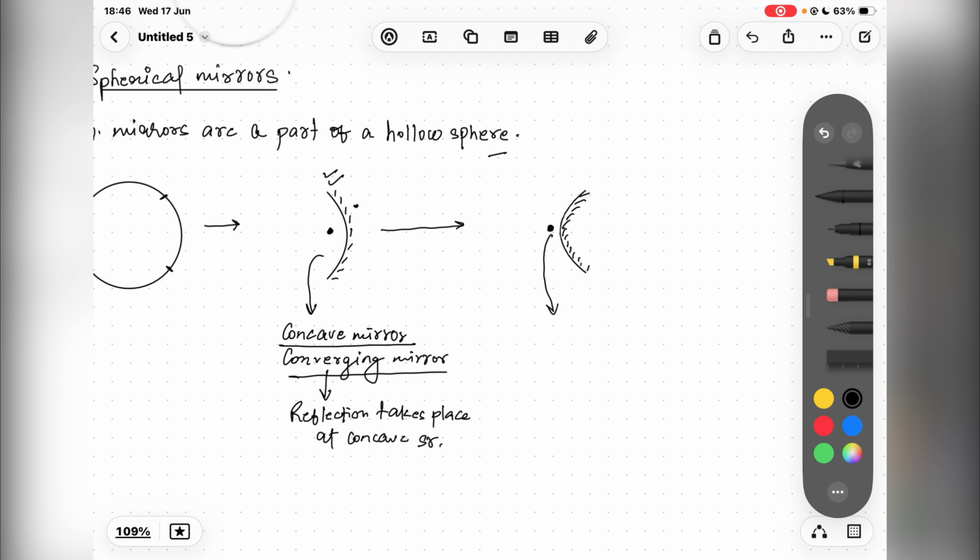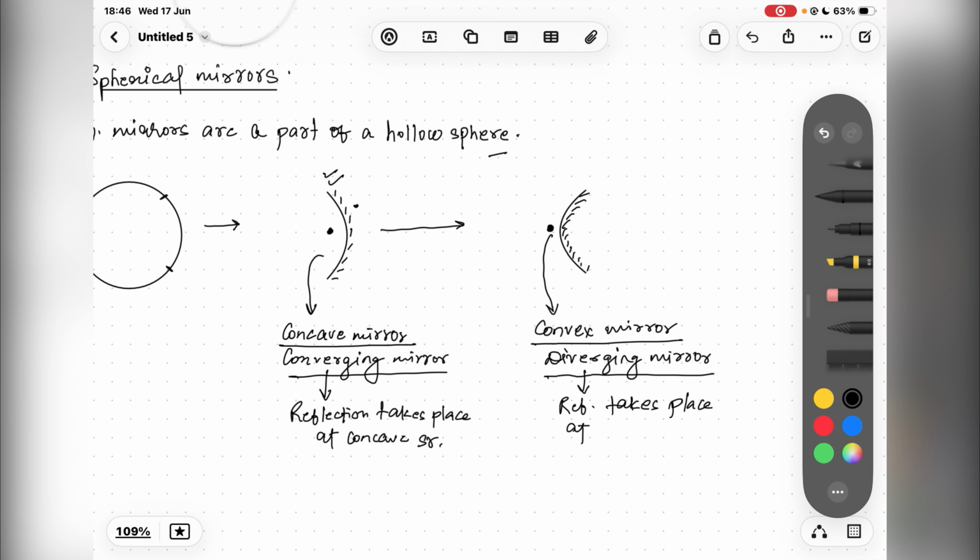So it will be called a convex mirror or a diverging mirror, because reflection takes place at the convex surface.